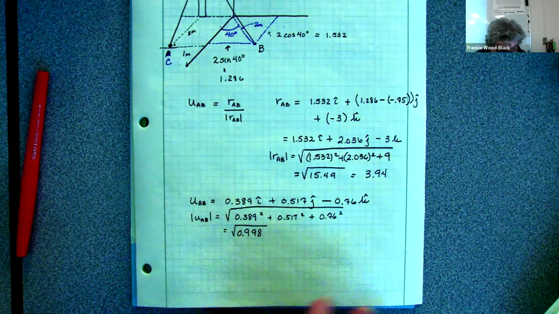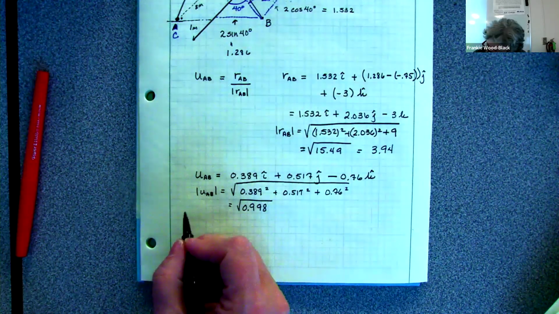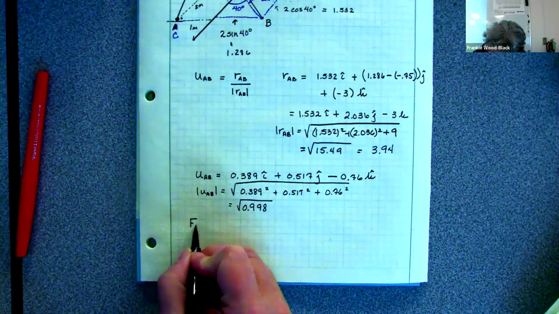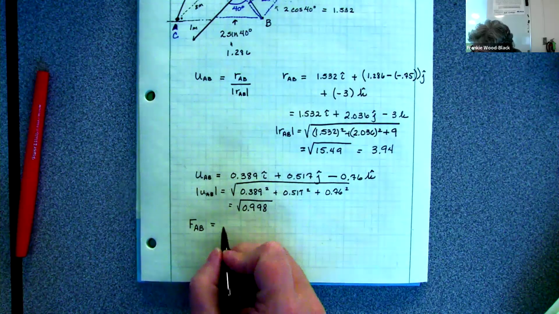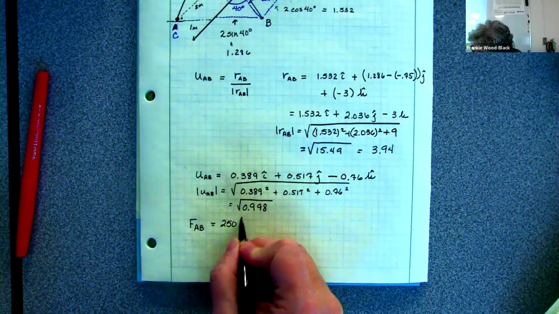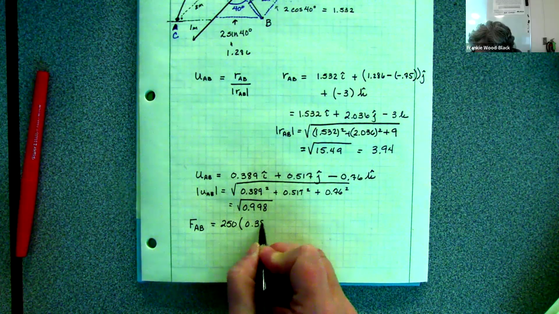So we've got our unit vector. So our force AB vector now is just going to be our magnitude, which was 250, times our UAB, which is 0.389.